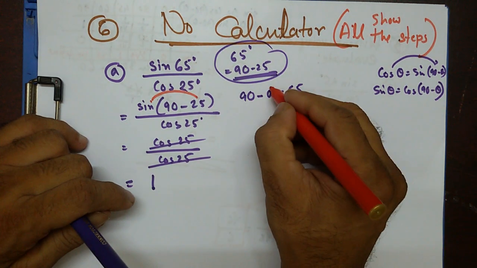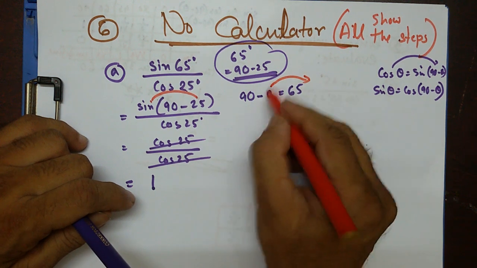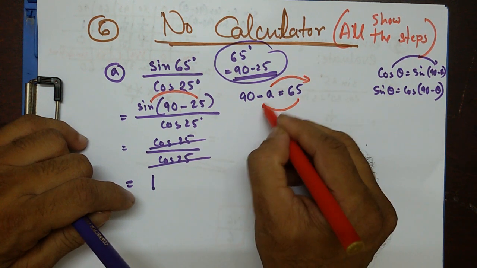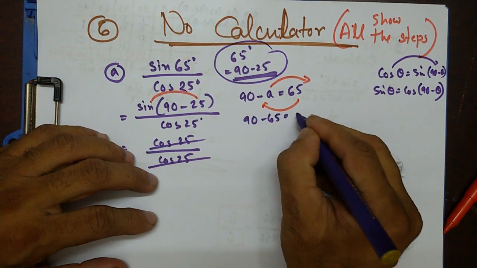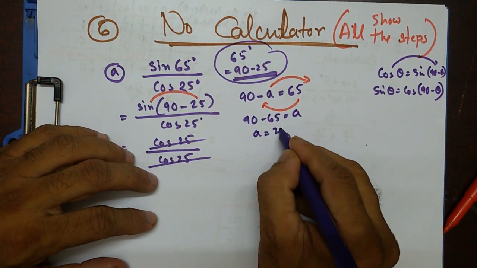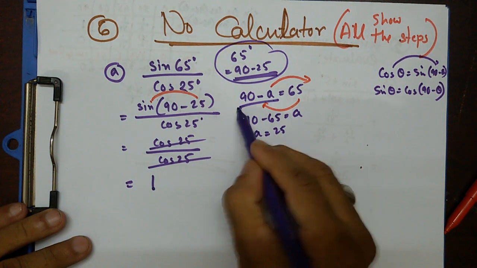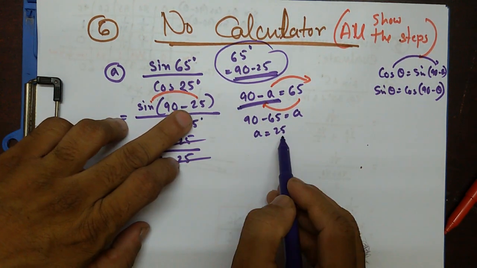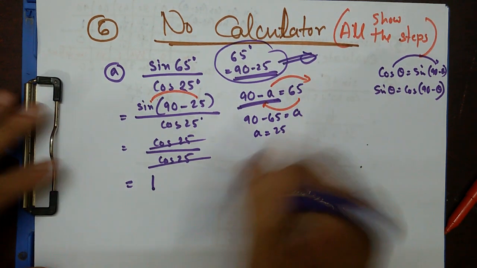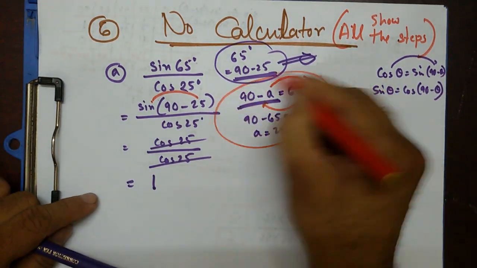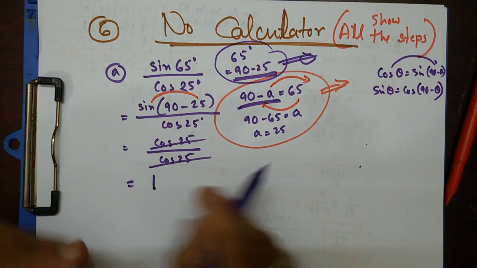So transpose the terms, bring a this side and 65 this side. So this is going to be 90 minus 65, that's going to be a, so a is going to be 25. So see that 90 minus a, in the place of a just replace the value 25. You can either use this or you can use this method over here. Okay, whatever you are feeling comfortable with.